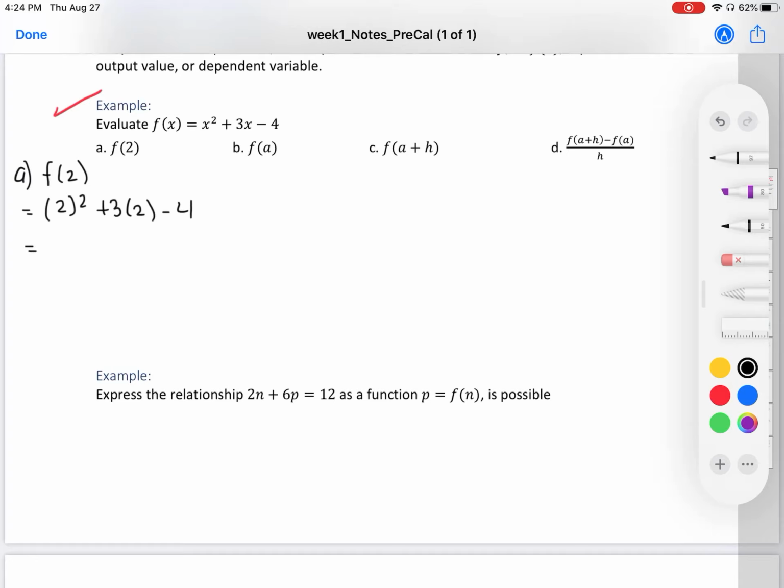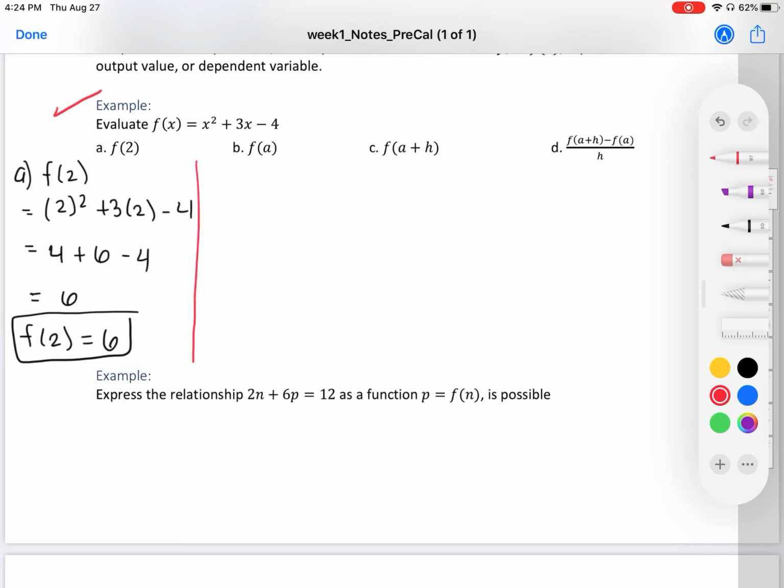Notice I use parentheses. Always use parentheses when you're substituting into a function. So we have 2 squared, which gives us 4, plus 3 times 2 is 6, minus 4. We simplify, and this gives us 6. So f of 2 is equal to 6. All right, let's take a look at the next one. We want to plug in or evaluate f of a.